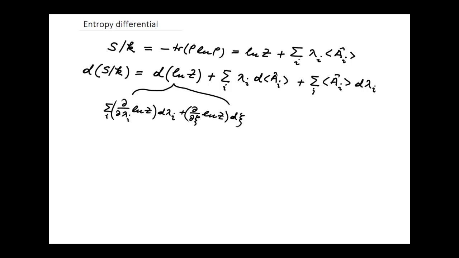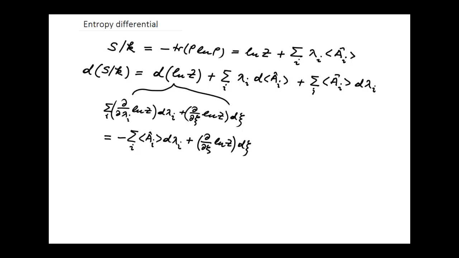From the previous page, we know that this partial derivative of log z with respect to lambda is minus the expectation value of AI. So this is equal to minus the expectation value of AI d lambda I, and the rest I leave for the moment, plus d over d psi of log z d psi.